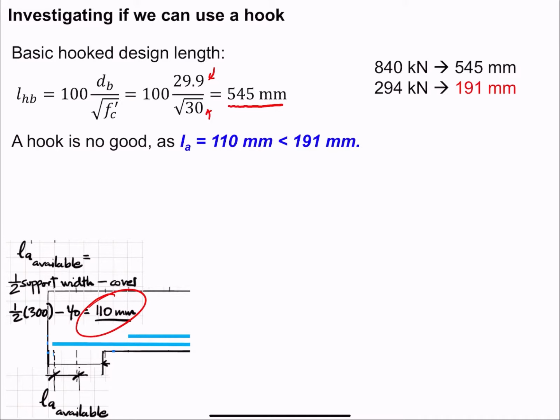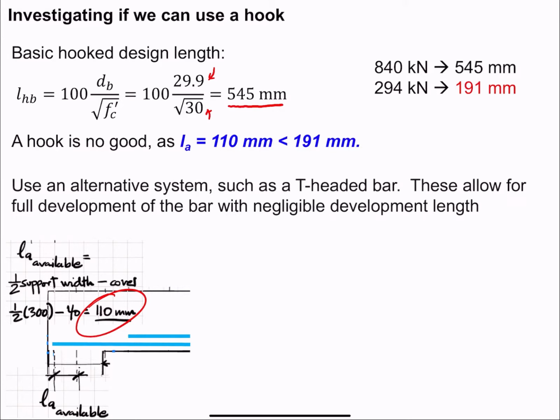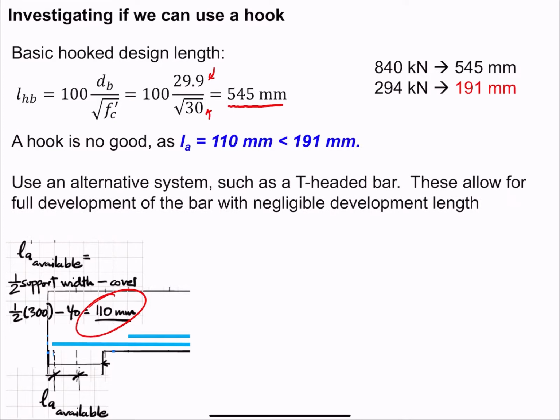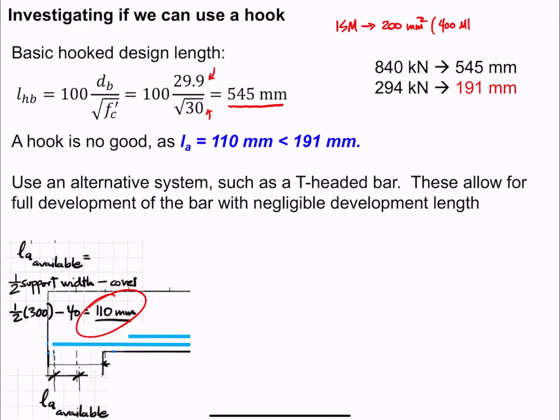191 is still bigger than the available space that we have to place our hook, which is 110. So in this particular case, we could add bars. We could add a few bars to carry these 300 kilonewtons. So for example, let's say a 15M bar with a cross-section area of 200 square mm would be able to carry, let me just do it for you, 200 times 400, at yielding, 80 kilonewtons.